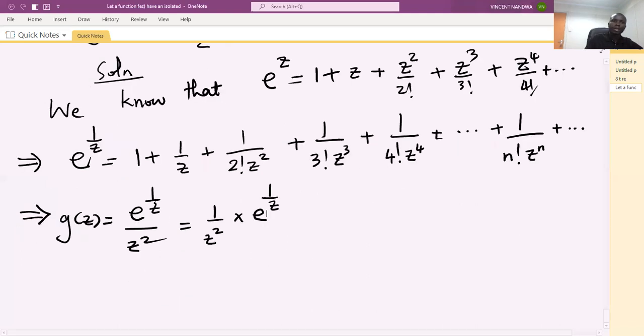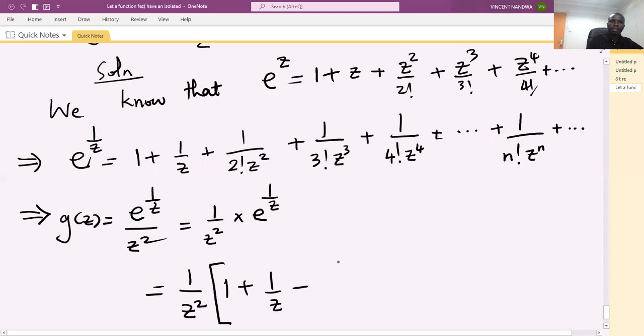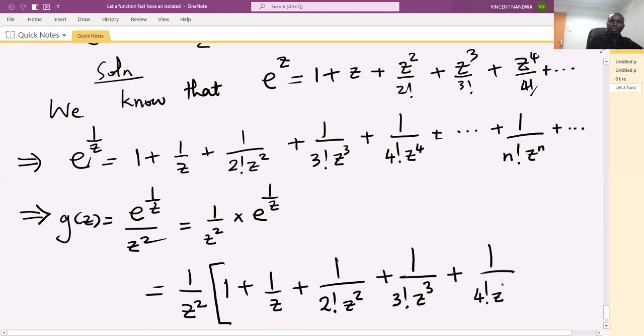So we write this as 1 over z squared times the series for e raised to power 1 over z: 1 plus 1 over z plus 1 over 2 factorial z squared plus 1 over 3 factorial z power 3 plus 1 over 4 factorial z power 4 plus up to plus 1 over n factorial z power n plus other several terms.